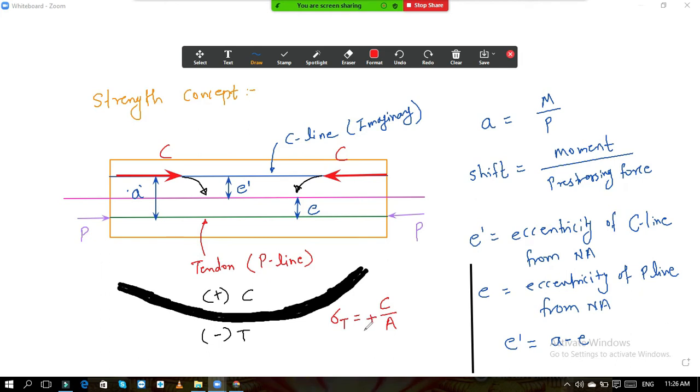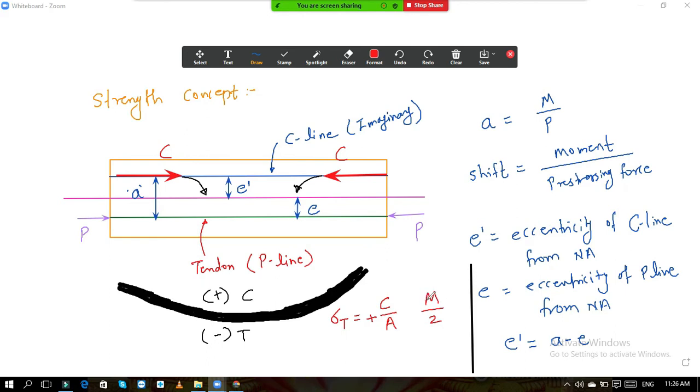In the stress concept and load balancing concept we use the term P by A; here in the strength concept, for direct compressive stress, we use the term C by A. And here it is M by Z.